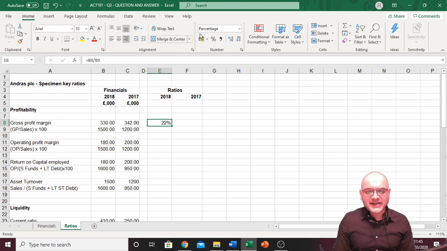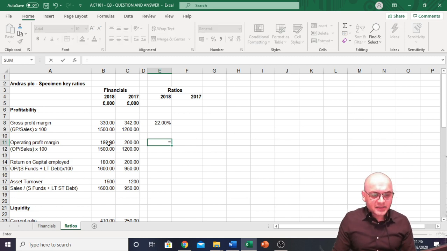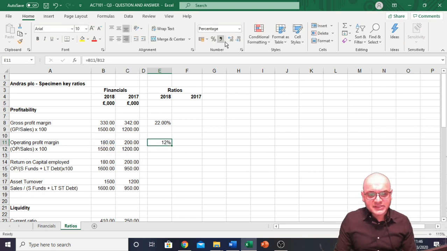If you want more decimals, in the same section you have the increase or decrease decimal option. We can increase it to 2 decimal points to see whether it's accurate. Okay, we'll continue to do the same thing. Operating profit divided by sales. Again percentage, increase decimal.